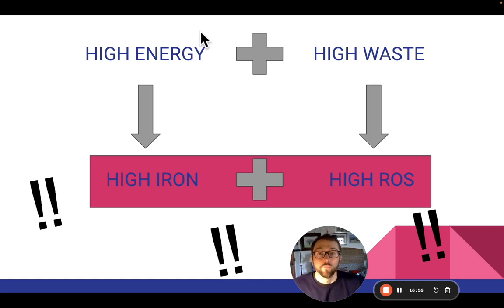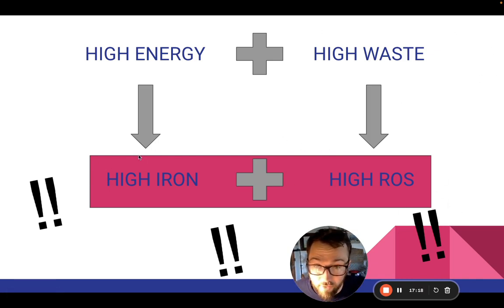So the mitochondria, high energy, or beta cells in general, not just mitochondria, beta cells in general, high energy cell, creating a lot of waste. That high energy requires a lot of iron to convert to make this energy. A lot of that waste means a lot of ROS.